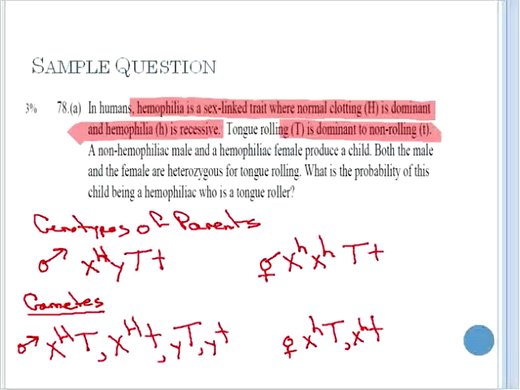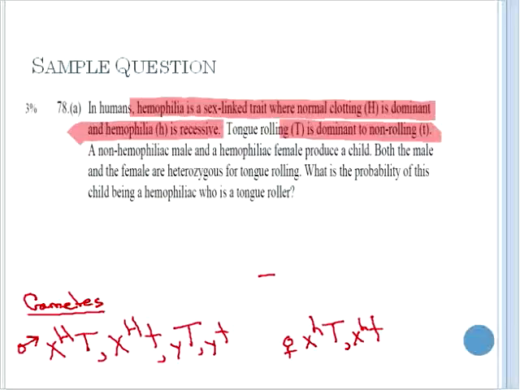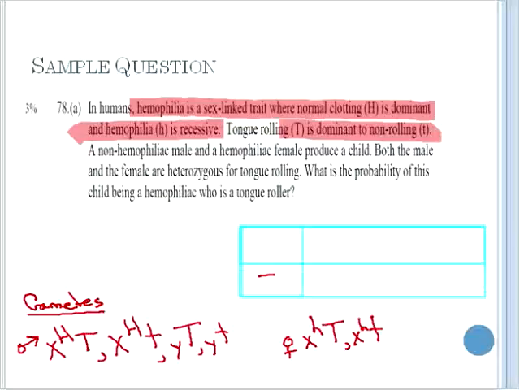To do the Punnett square for this cross, for the male, across the top, his gametes are X big H big T, X big H little t, Y big T, Y little t.